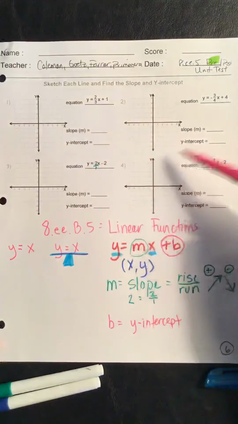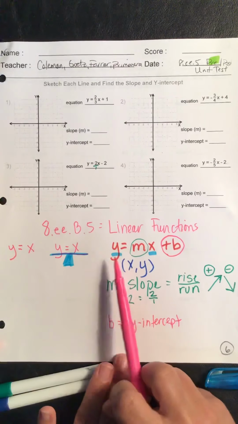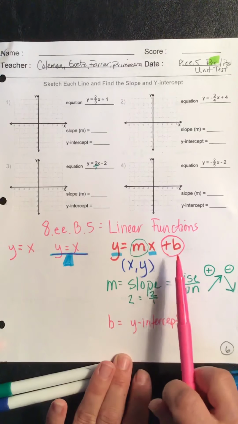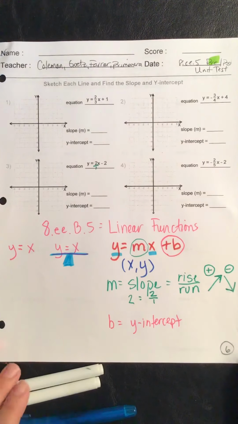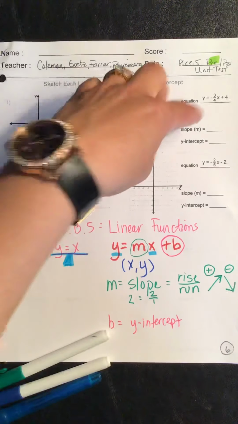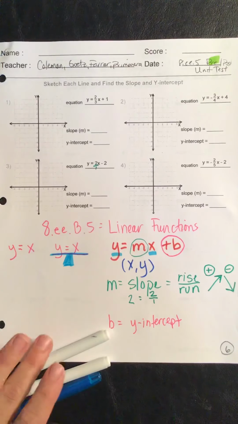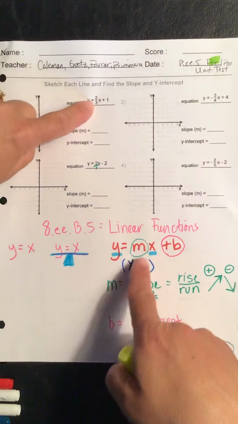I will demonstrate 1 or 2 of these just to give you an example, so that we know it will always be in this format and we know how to graph it best as we move forward. It's a lot to understand. We'll go step by step. Let me just walk you through 2 of these, and then we will move forward. So for this first one here, my slope is always before my x.